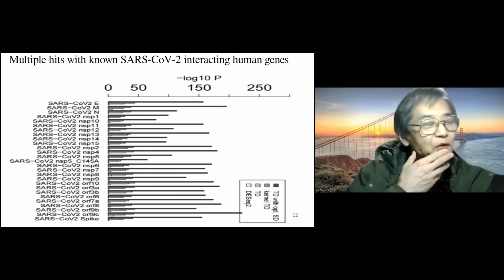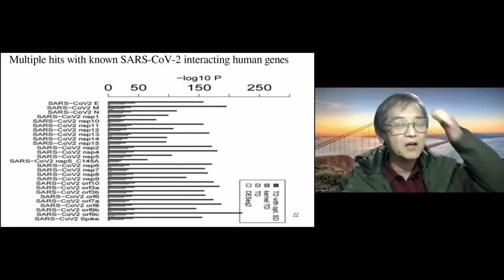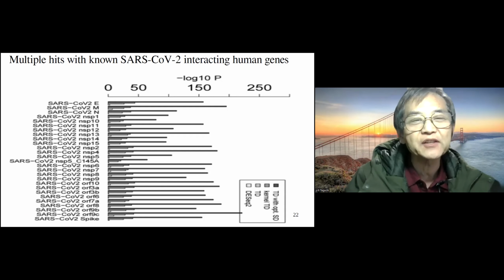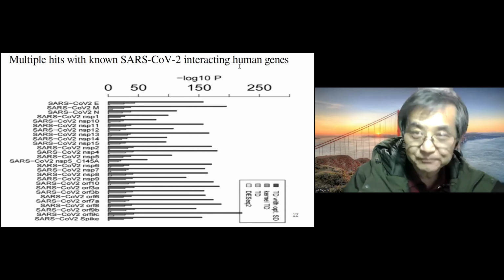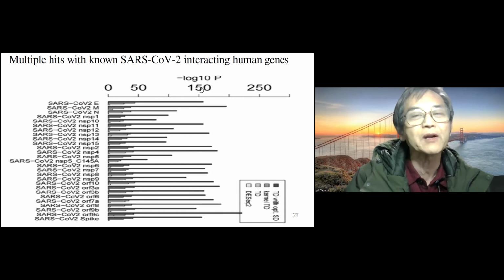And in order to check if our selected 3,000 genes are correct or not, we checked if these genes overlap with genes known to interact with SARS-CoV-2 proteins. This is a list of SARS-CoV-2 proteins, and this is minus log 10 p-value. So these are surprisingly small p-values.